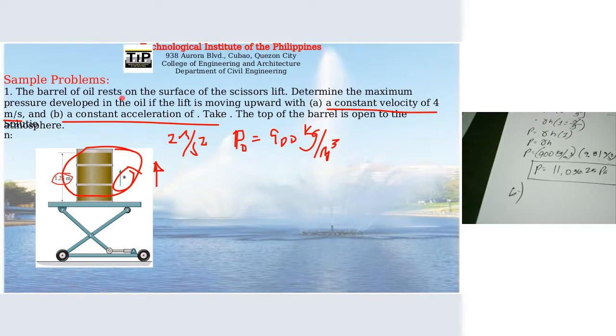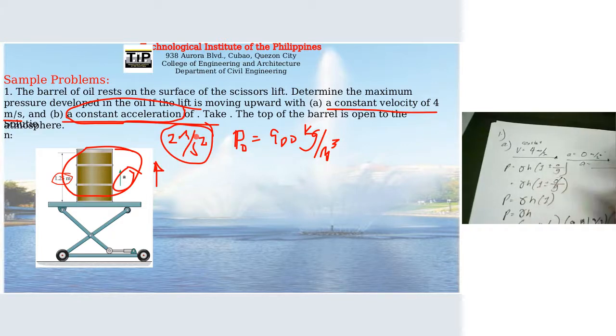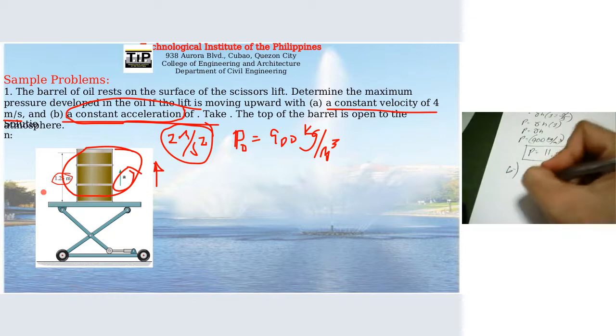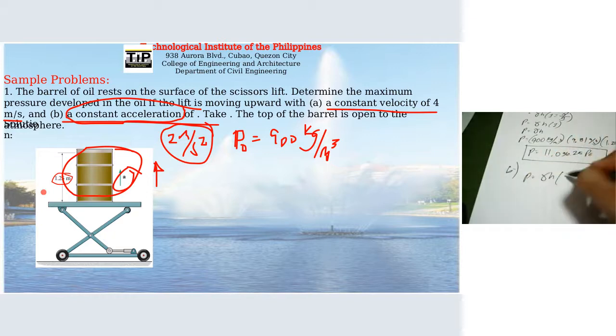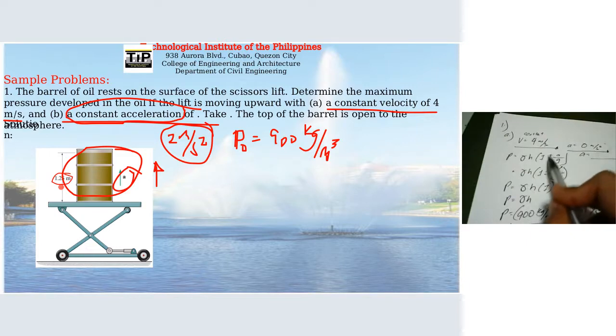Now let's have letter B. It says in this item, the barrel has a constant acceleration of 2 meter per second squared. So, we can now apply this derived formula. So, P equals gamma H times 1, either plus or minus.